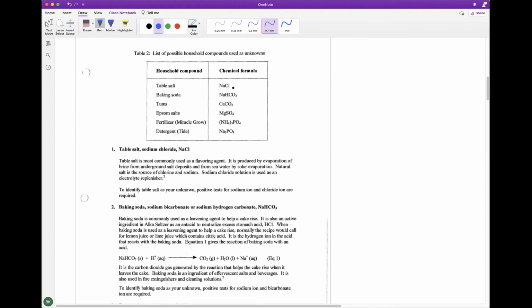What we're going to do today is a variety of experiments that will allow us to identify the different ions in an unknown solution. We're going to identify cations, the metals and NH4, and we're going to identify anions, so chloride, carbonate, sulfate, and phosphate.